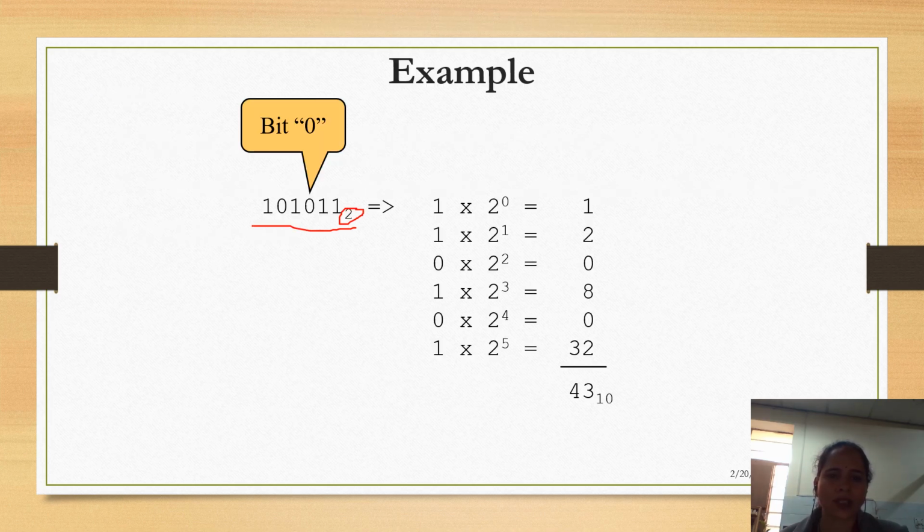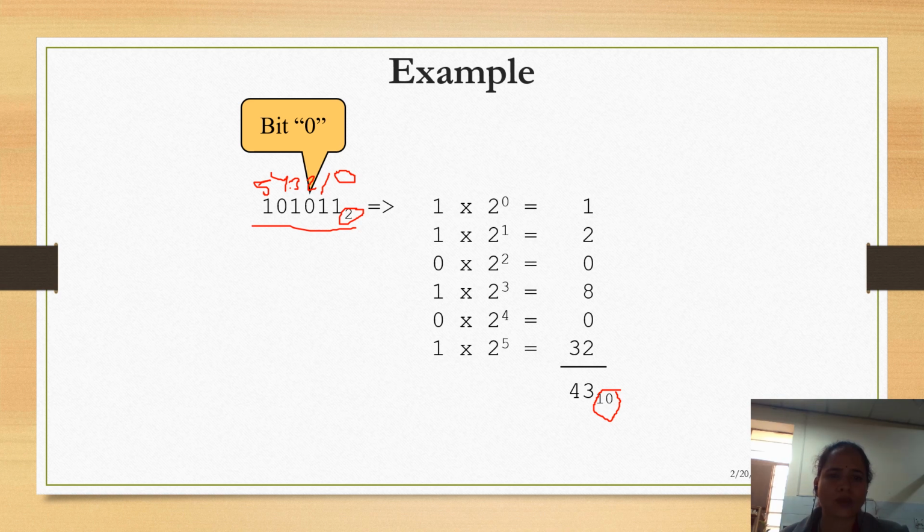This is the binary representation, and we have to convert it into base 10. This is the number; take the powers 0, 1, 2, 3, 4 and 5, starting from 0 to the leftmost side. Now this is the power 5.